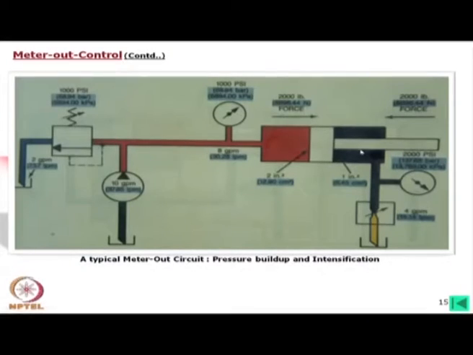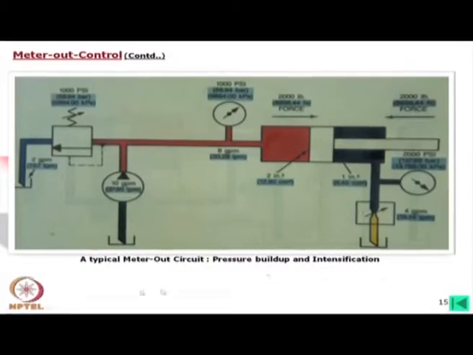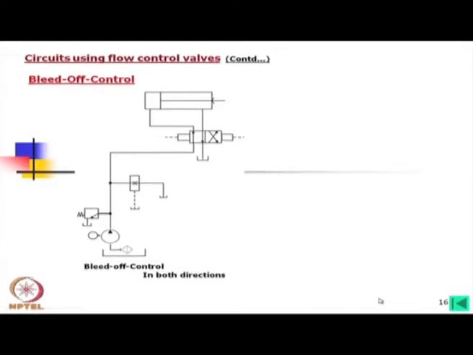Once that happens, there will be force balance, and the motion will be restricted, it will not move further, as this pressure difference will be there. So, automatically it will try to give more force, but it will not allow much movement. So, this is how the meter out is used.